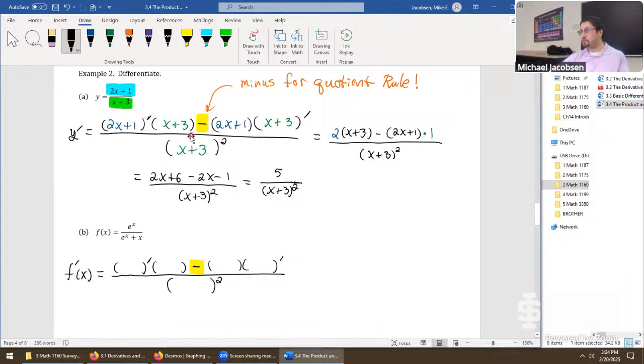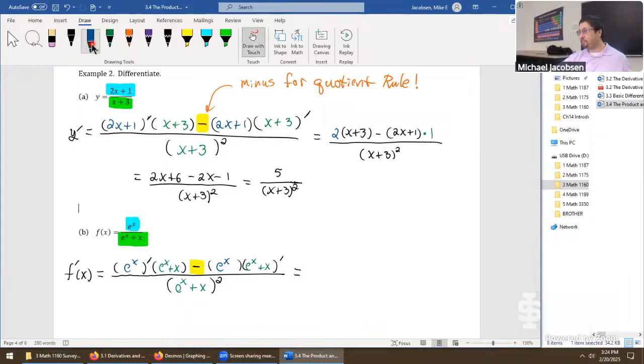So every time we do quotient rule, that comes up. e to the x, being the top function, goes in 2 spots. Finally, e to the x plus x goes in the remaining. And from here, all we do is differentiate what we've got. Does that look right to folks so far?